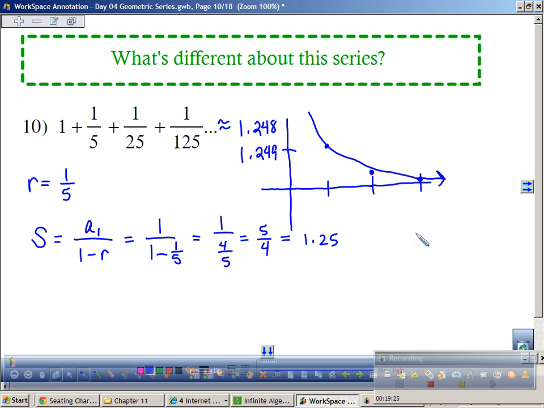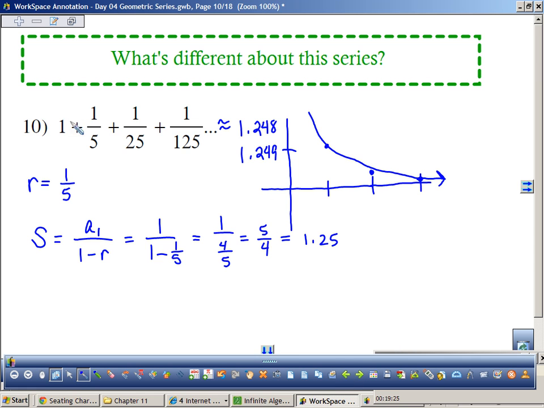To find the infinite series, that's your equation right there. Do you guys see how close that is? Do you understand now that if I keep adding a fraction of a fraction of a fraction, it's going to be so super tiny that it's never going to get above 1.25?